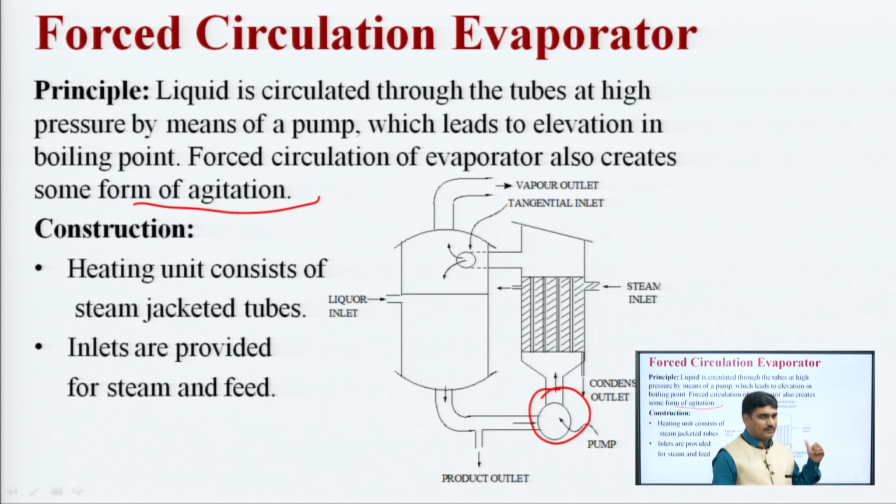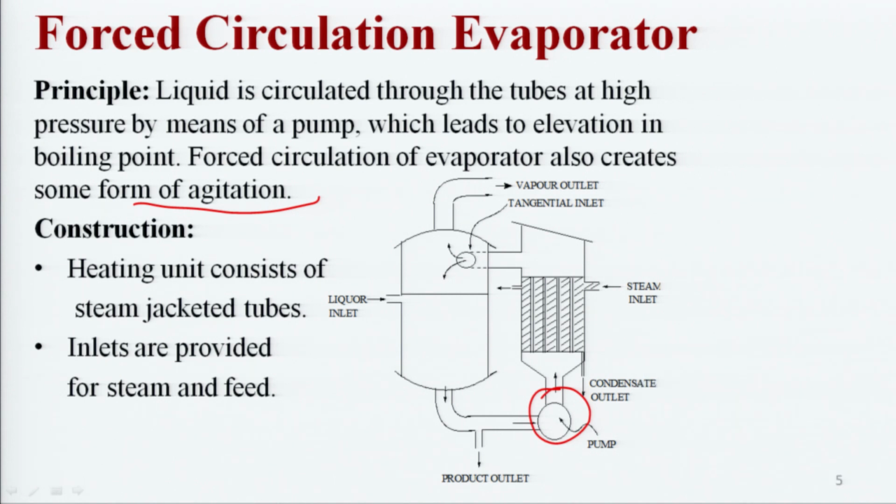Heating unit, as you see in the diagram, consists of steam jacketed tubes, and inlets are provided into this heating unit for steam as well as feed. Here inlet is provided for feed liquid. From here product can be collected.